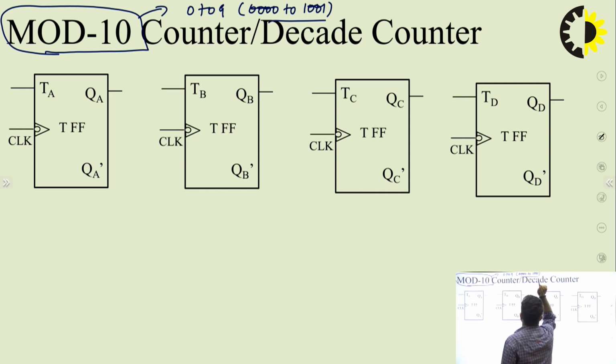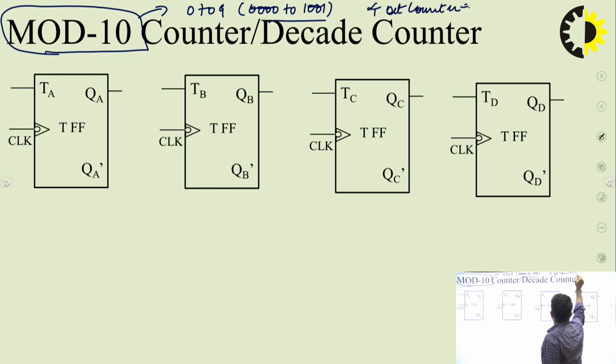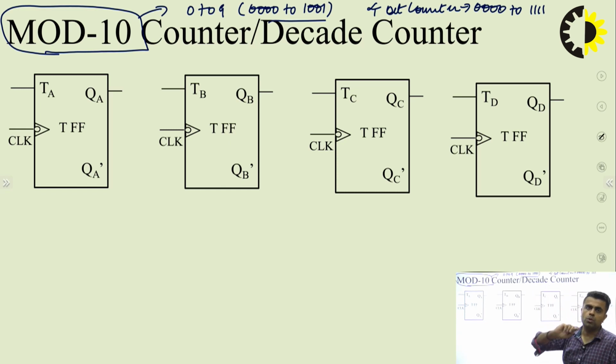That means this is not a complete 4-bit counter. If this would have been a 4-bit counter, it would have counted from 0, 0, 0, 0 to 1, 1, 1, 1. But I am not interested in counting till 1, 1, 1, 1. I am only interested in counting till 1, 0, 0, 1.